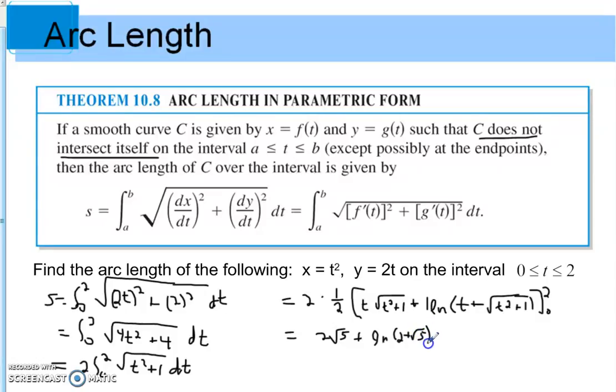And then putting in 0, that term goes to 0. The natural log of 1 is also 0, so there's my answer right there. Okay, so that's the arc length of this parametric equation, and there we go.